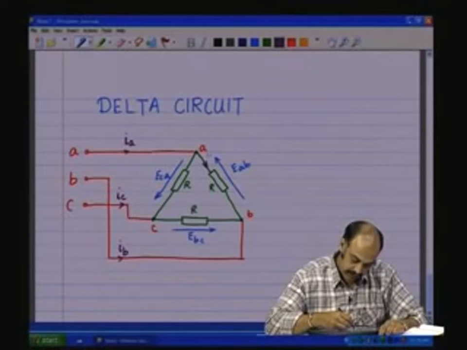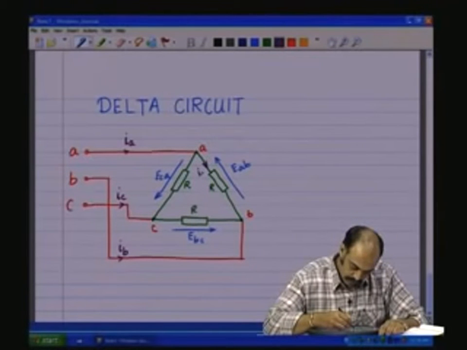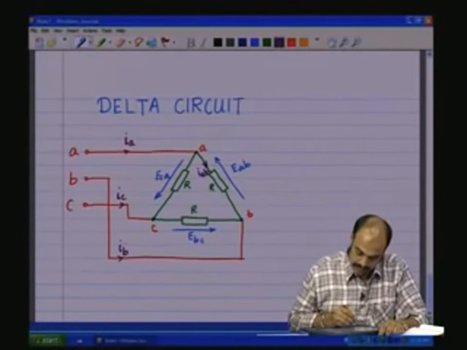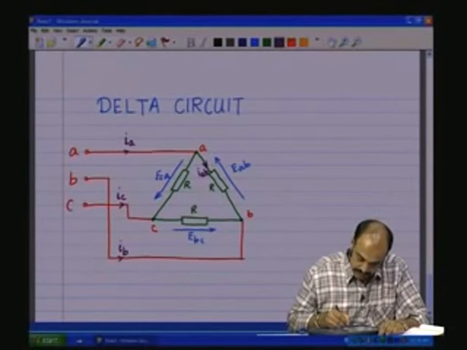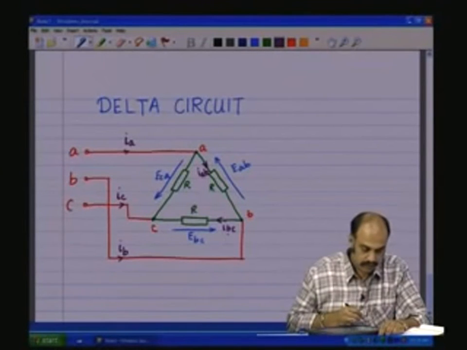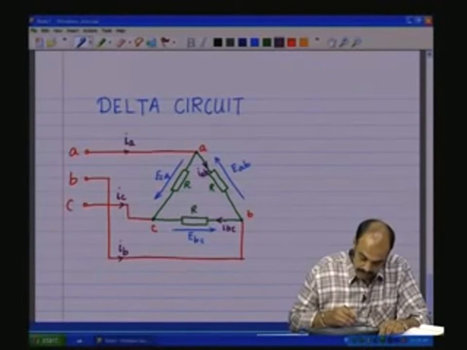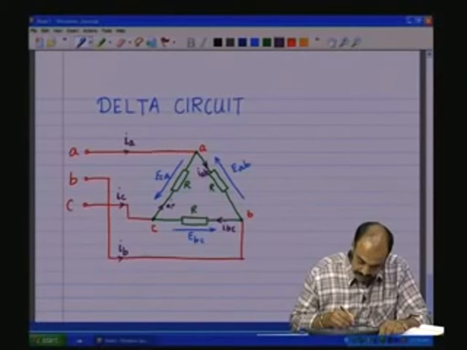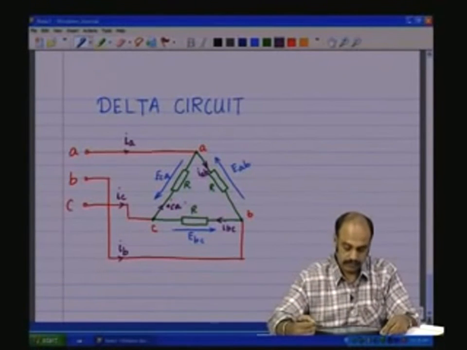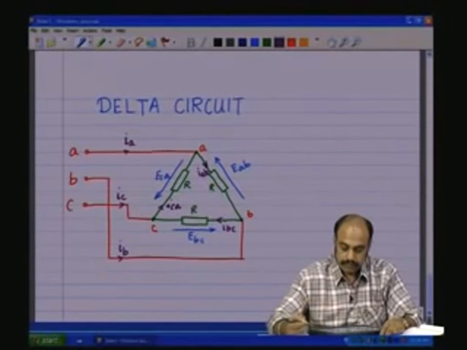Let us call that one as I A B, and then we have a current B to C, and we will call that one I B C, and then we have a current from C to A, okay, and that we shall call as I C A. Okay. So, these are the directions of the currents that we are indicating here.